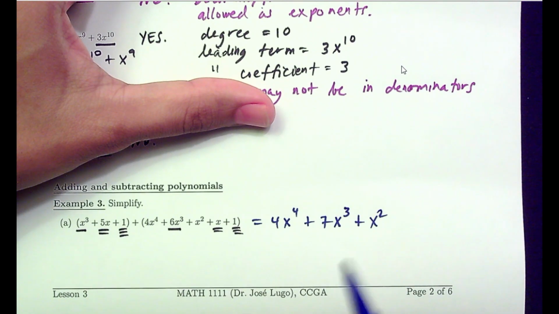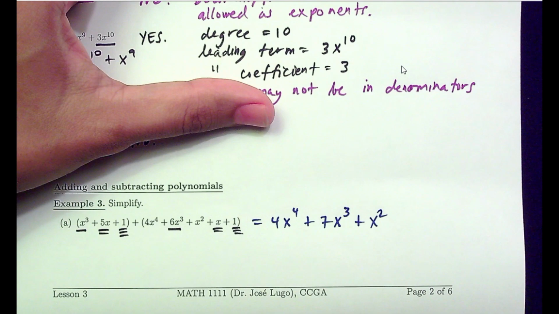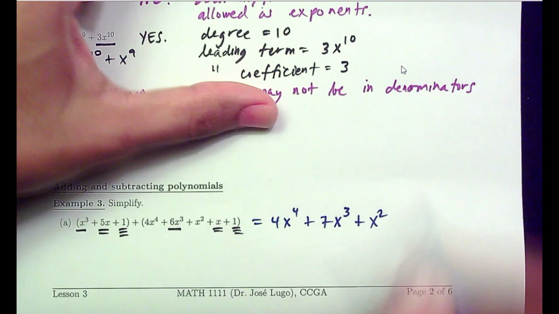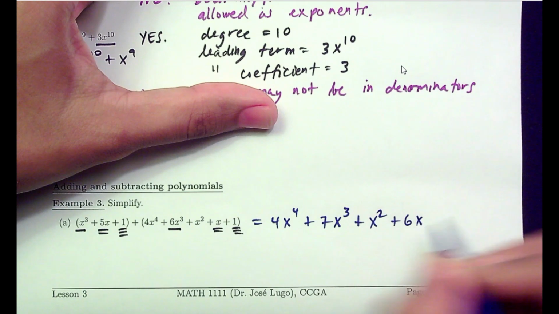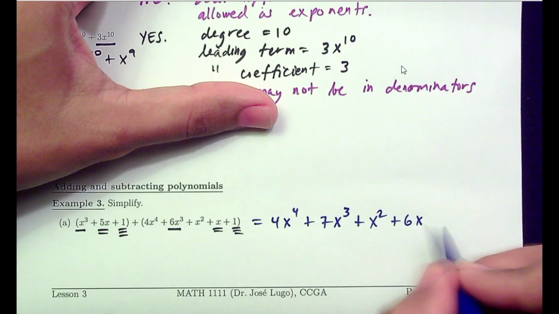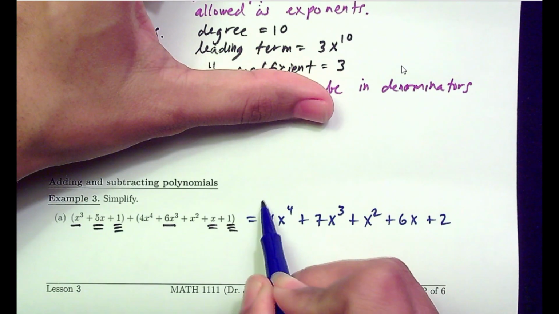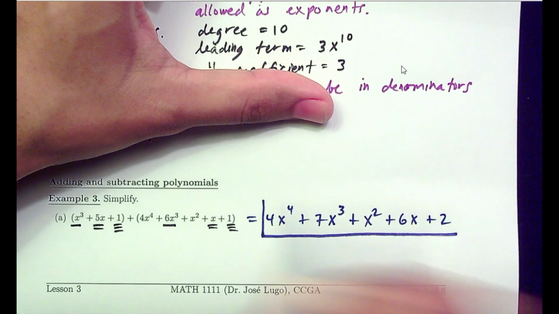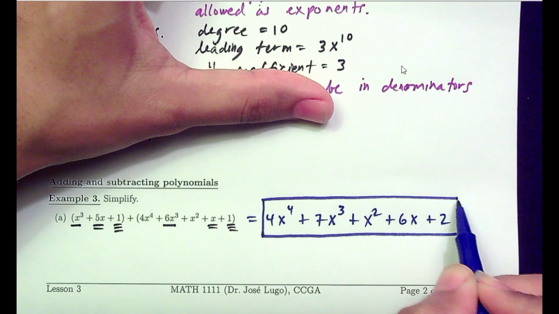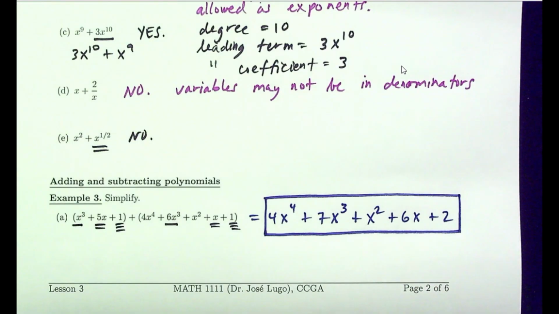When I say linear term, that means a term that has exponent 1 for the x. So 5x and x, that would be 6x. And then 1 and 1 is 2. Okay, and that is it. So just combine like terms. That's all there is to adding polynomials.